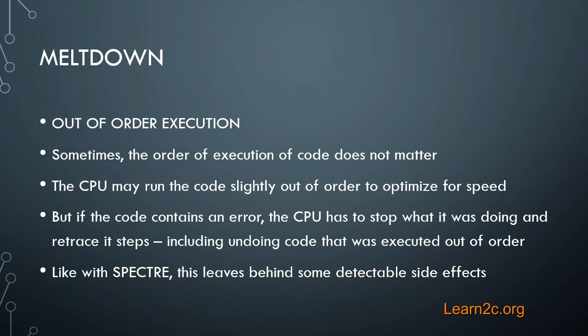Then it will detect the errant code and stop the current set of instructions. However, some of the instructions ahead of it in the pipeline may have already partially executed, and those could have created some side effects. So when the errant code is detected, the CPU backs out the code it has run, but like with SPECTRE, it can leave behind some side effects that remain in the processor, and those side effects are detectable.